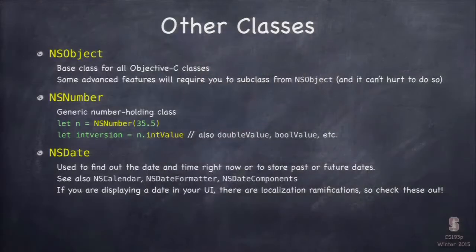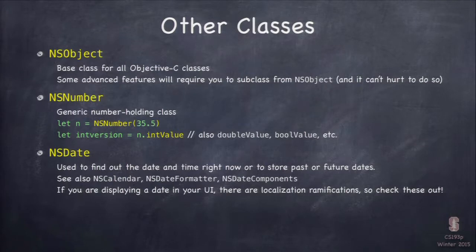Now the class NSDate, exactly what it sounds like, stores a date, lets you get the current date and time too. Pretty self-explanatory, has lots and lots of methods in it. And it has even more methods because there's those three other classes mentioned here, calendar, date formatter, and date components. If you're ever doing a date where you're going to put a date on screen as part of your application, you really want to look at all these classes and read the documentation that talks about dates, because dates are displayed very differently around the world.